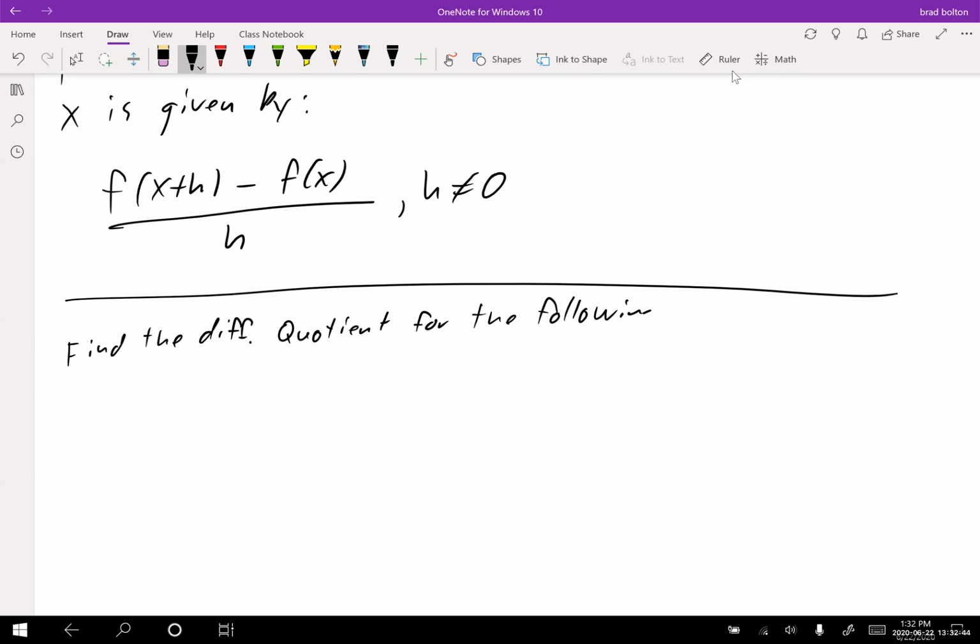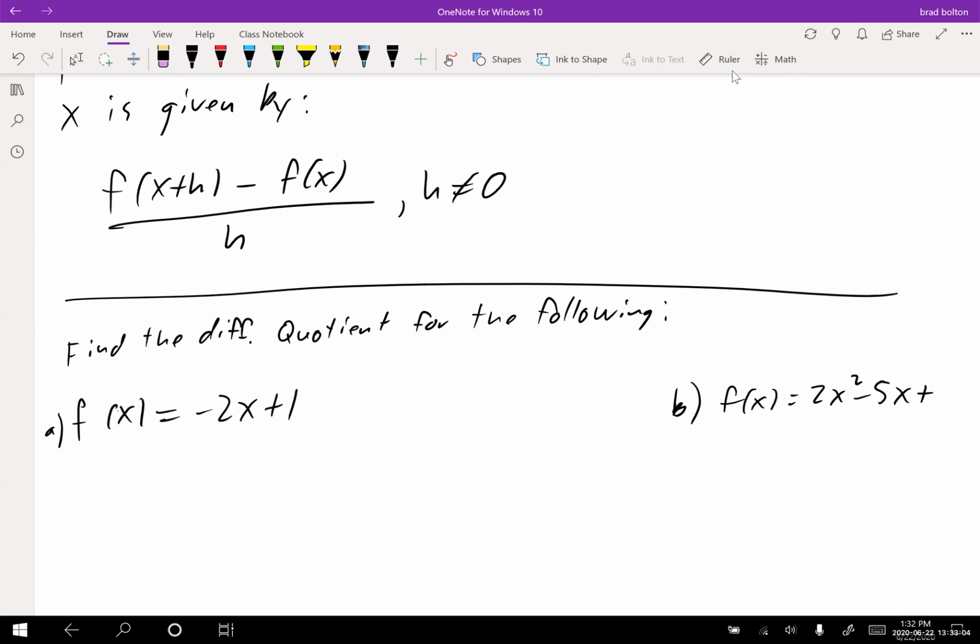I have part A, let's do f of x equals negative 2x plus 1. And for part B, I'll do a little bit harder one. Let's do f of x equals 2x squared minus 5x minus 1.